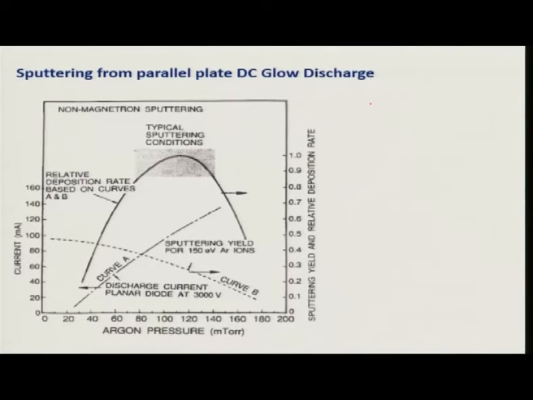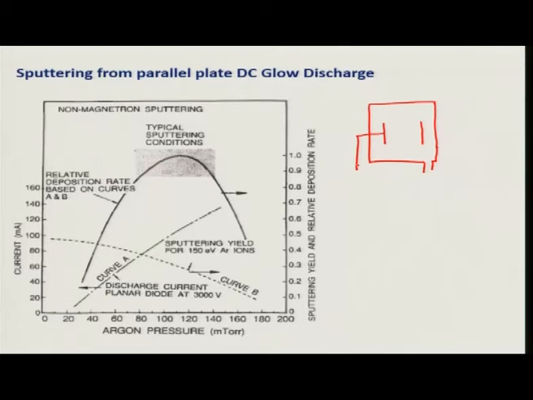Before we start, let me give you a simplistic geometry of what we are doing, a schematic. We have a vacuum chamber in which we want to carry out the thin film deposition process by sputtering, and for sputtering we also have a cathode and an anode to create the plasma.